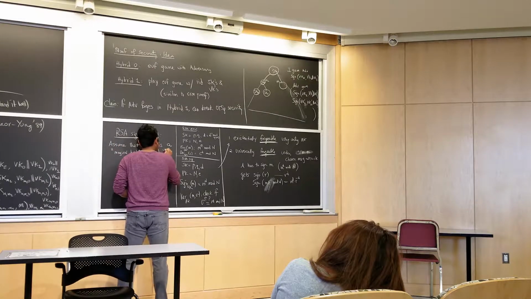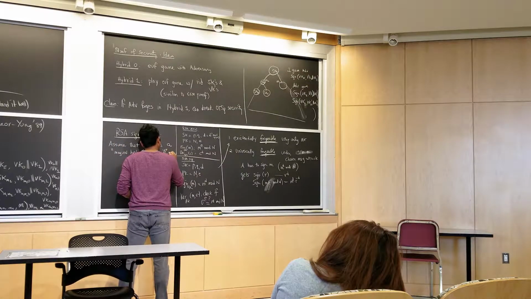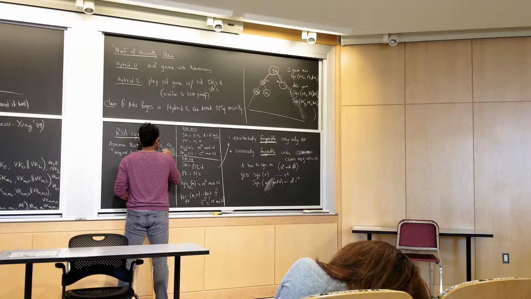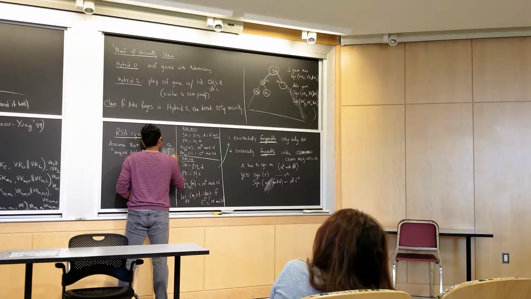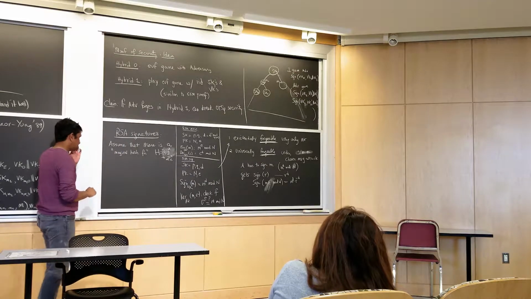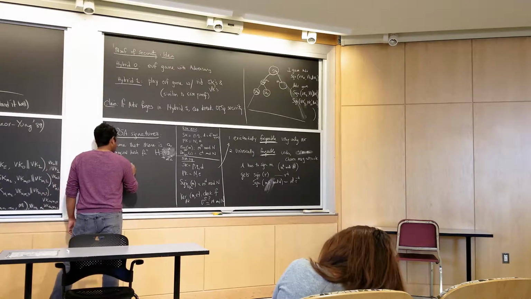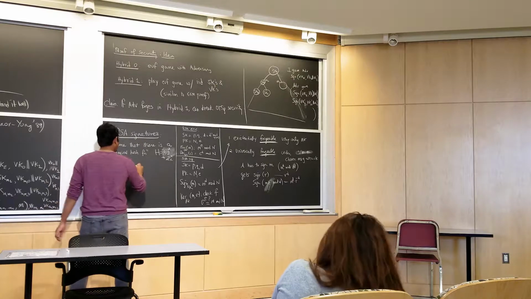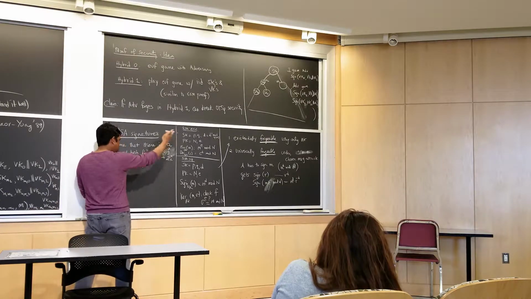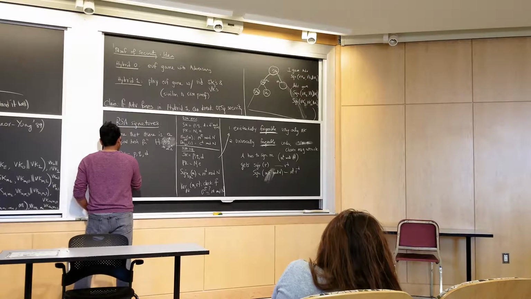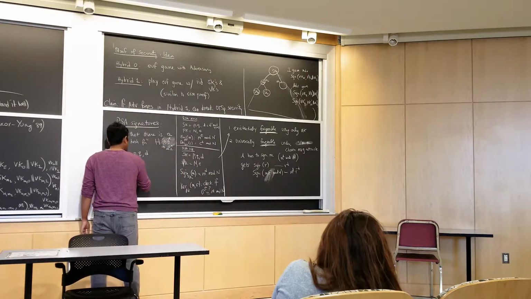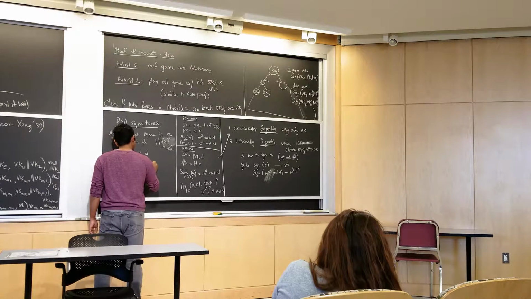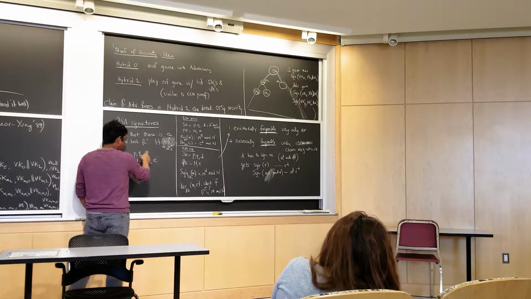It's a function from Zn star to Zn star, or perhaps even from {0,1}^k to Zn star. Then you do RSA in the following sense. The secret key is P, Q, and D, the same as before. The public key, the verification key, is N equals PQ and E, the inverse of D.